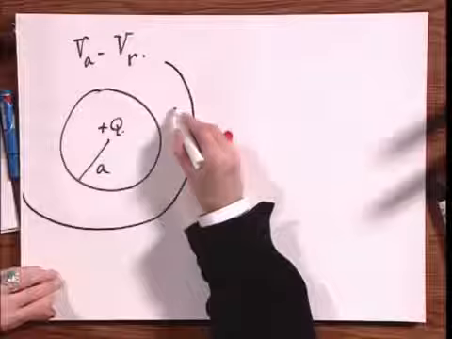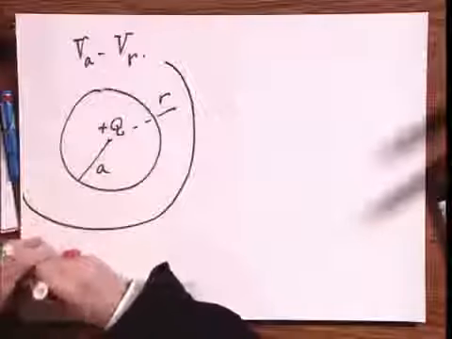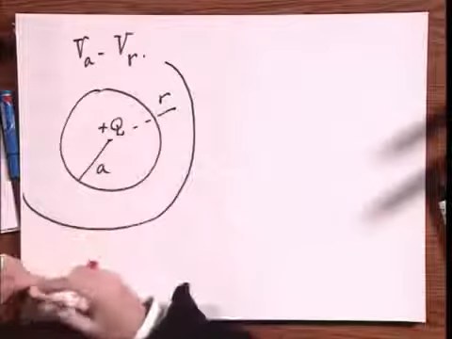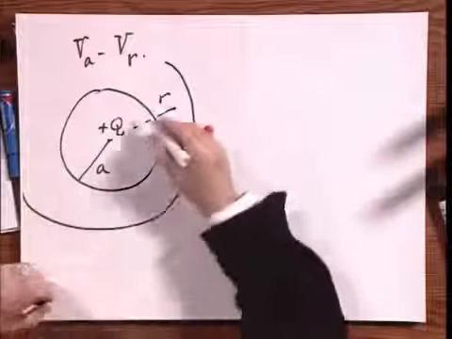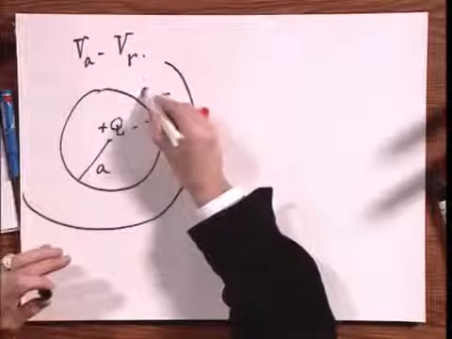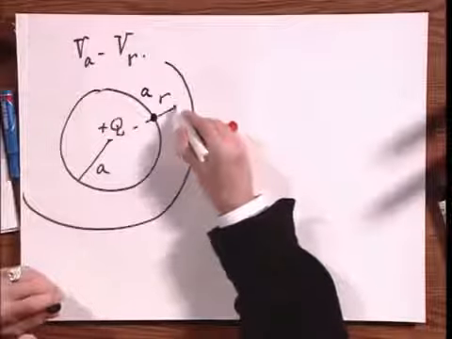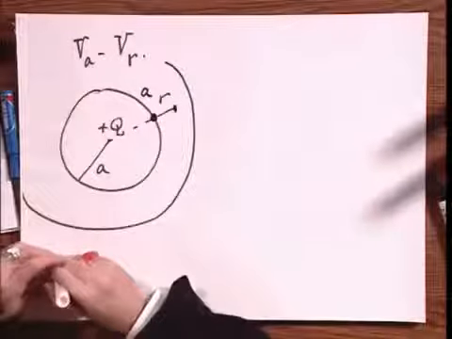VA minus VR, let's call this R. So what is the potential difference between, no, this is not what I meant. I meant this point to be A. My shorthand notation is this point A, potential difference with this point R.